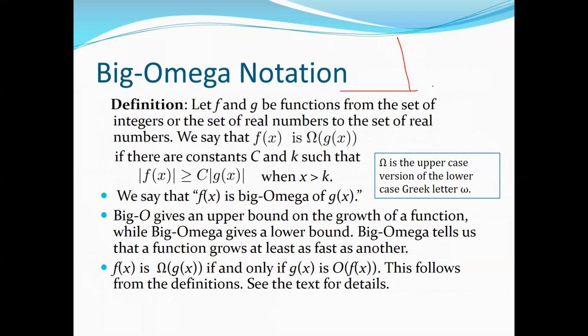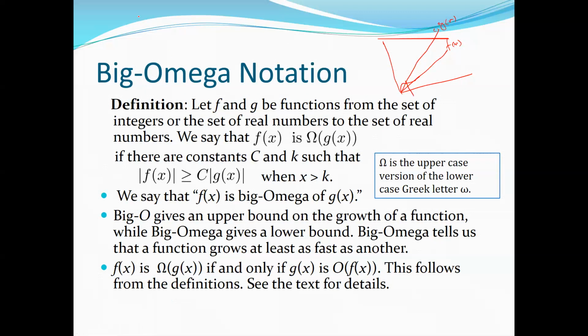So if we draw it in a graph, if this is f(n), then for the big O, this is c g(n), and after some values, this is the f(n). So this is the upper bound for f(n), as mentioned in the previous slides.